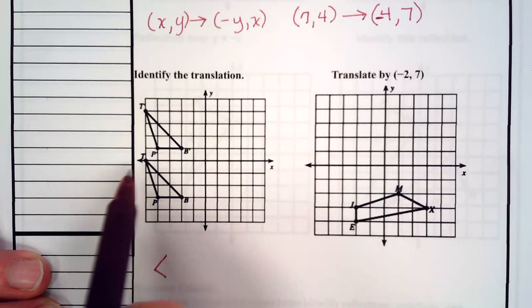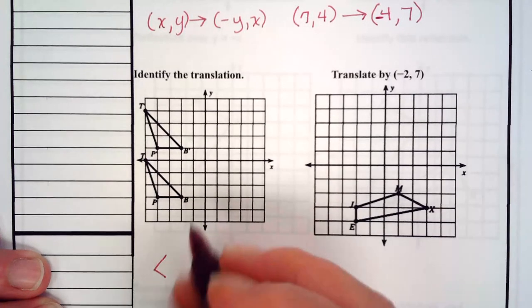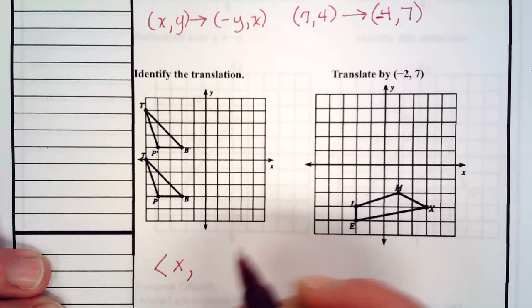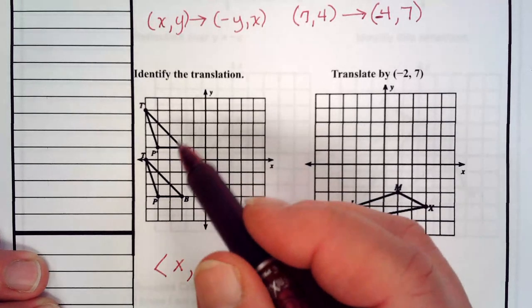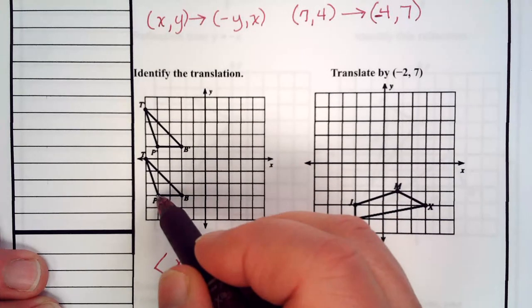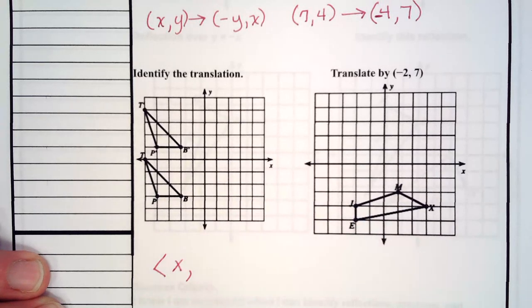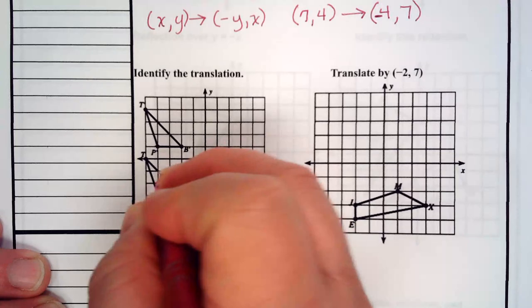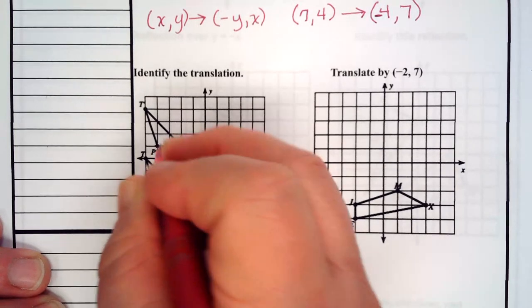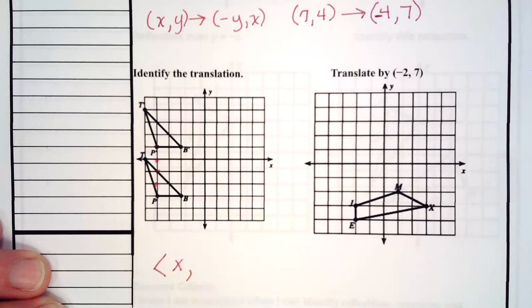This is not moved over right or left, so my X stays the same. But for my Y, I have gone from here up to here. So I have moved up 1, 2, 3, 4 spots. So that is Y plus 4.